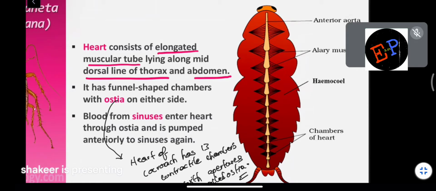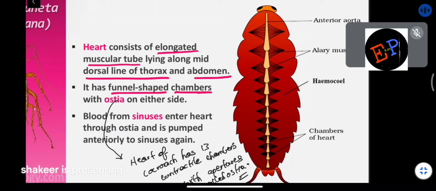It has funnel shaped chambers with ostia on either side. So what kind of chambers does this heart have? We do have chambers, we have two auricles and two ventricles. Similarly, the cockroach also has chambers, but what is the shape of the chambers?